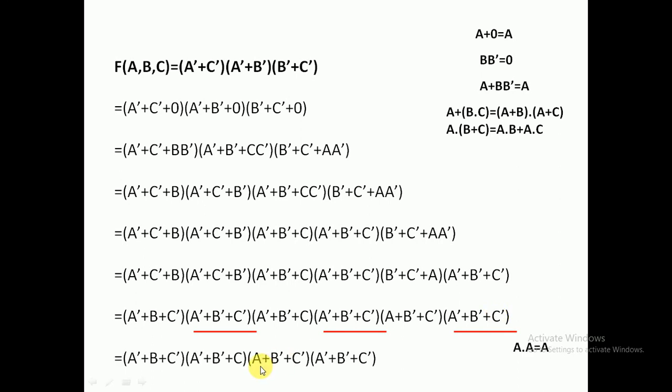So finally, a dash b c dash is not repeated anywhere, a dash b dash c is not repeated anywhere, and a plus b dash plus c is also not repeated anywhere, while the remaining 3 are repeated, but they are similar, so you write them as a single one. You must not forget this. It is based on the formula a dot a equals a.